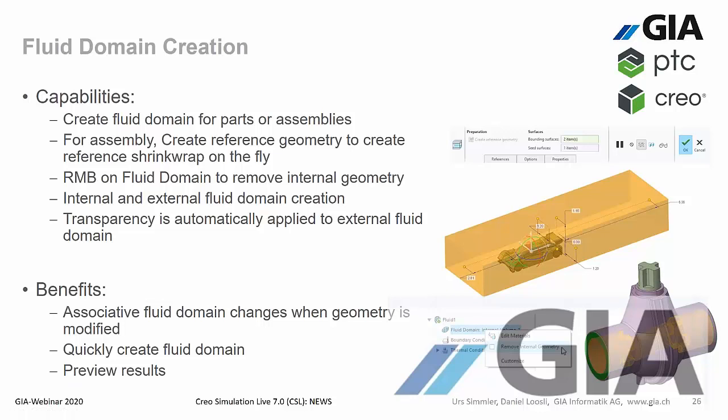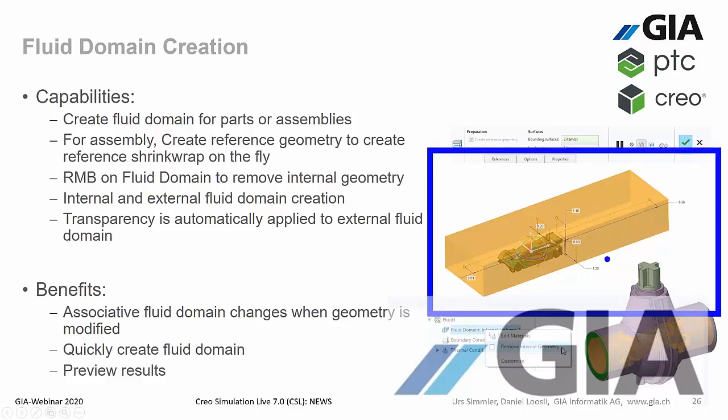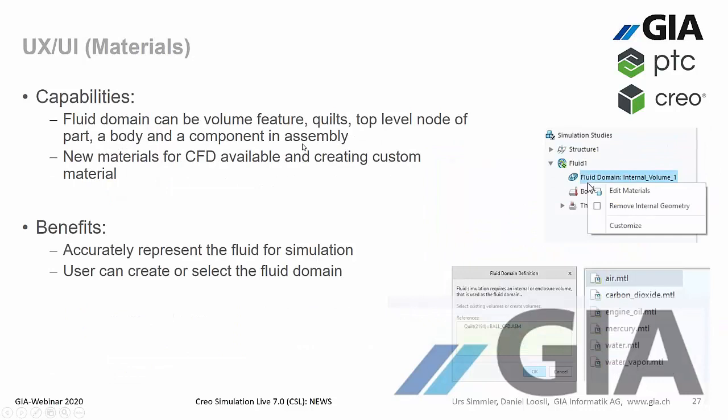This fluid domain creation is easier with the multi-body capabilities of Creo Parametric. Of course, you can build the domain by hand, or you can build it for an external analysis with drag handles. We'll see that later on. You get a new material library for the fluids. This material library can be extended, if you like.